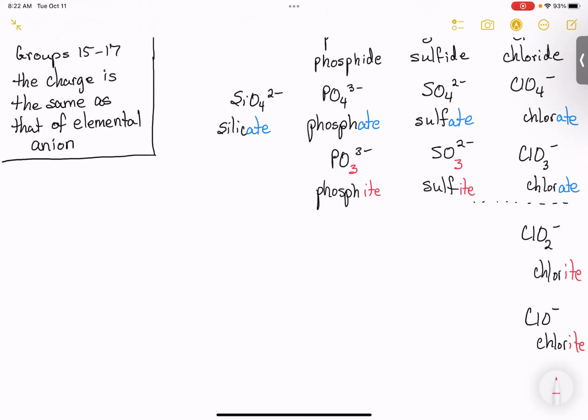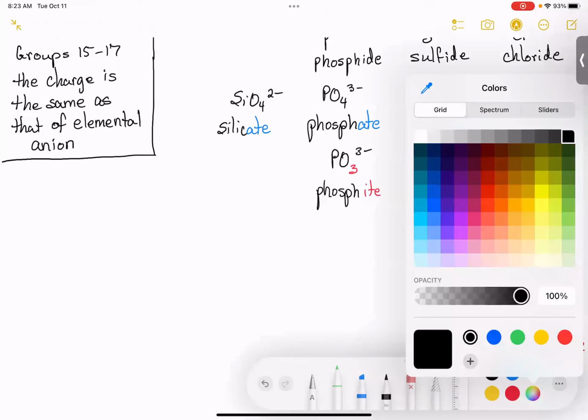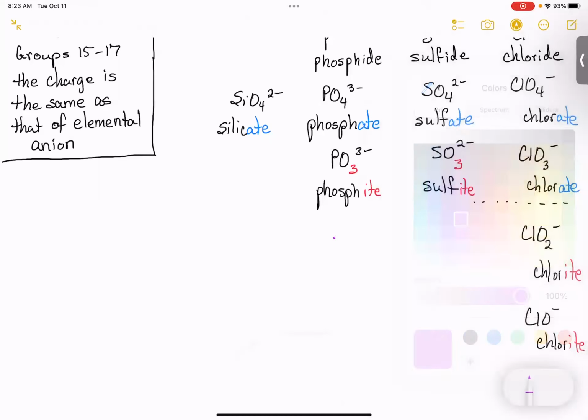So that is when we bring in some prefixes. The prefix for the largest is going to be per. So ClO4 minus is perchlorate. The prefix for the smallest is hypo.